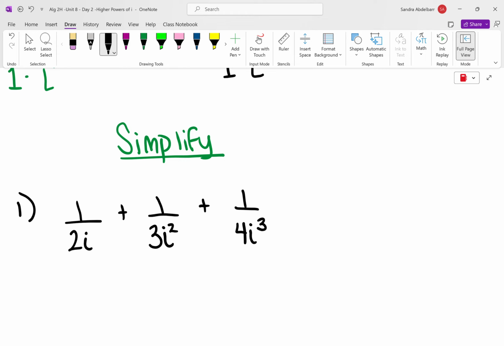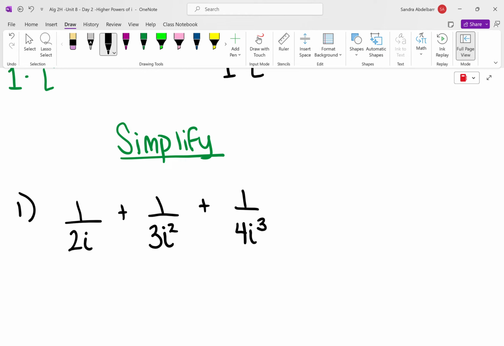Can I eliminate the denominator here? No, why not? It is not an equation. So in order to simplify this, I cannot eliminate the denominator. I must create a common denominator.